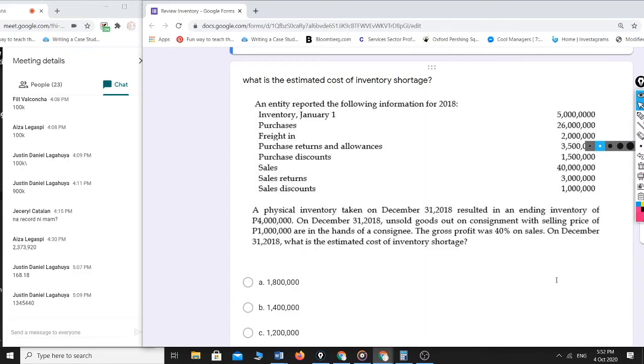Second is when the company is applying interim reporting. So that is also the time when the company will estimate their cost. Okay, so let's have the gross profit method first.